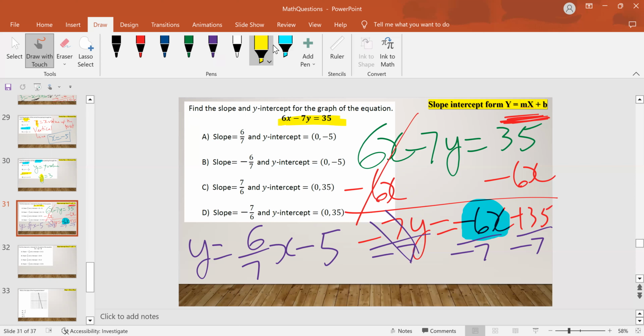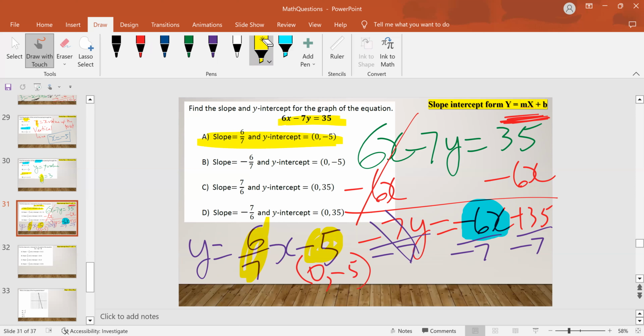So the slope is 6 over 7. The b is -5, but if you want to write it as a point, it has to be (0, -5). Remember, the y-intercept always has 0 as the first coordinate. So here, if we check, we have 6 over 7 and (0, -5), this is choice A.